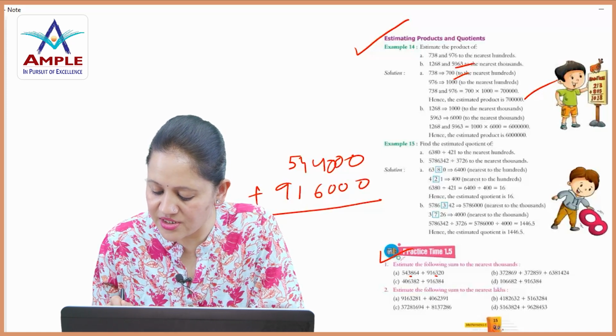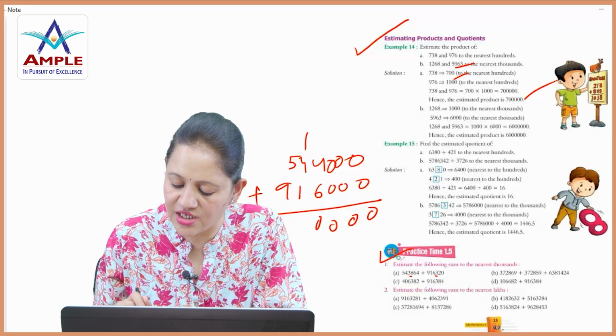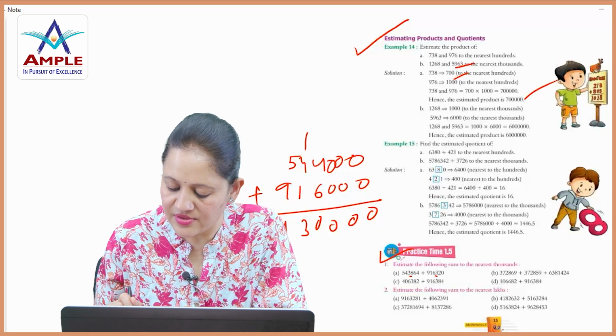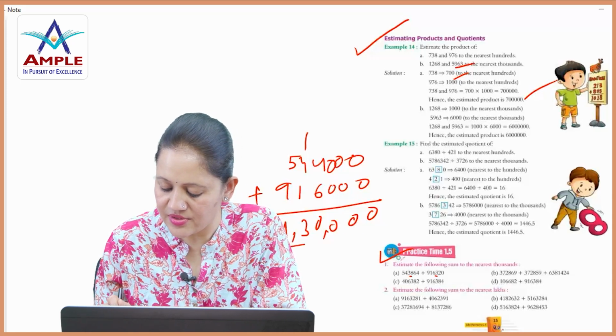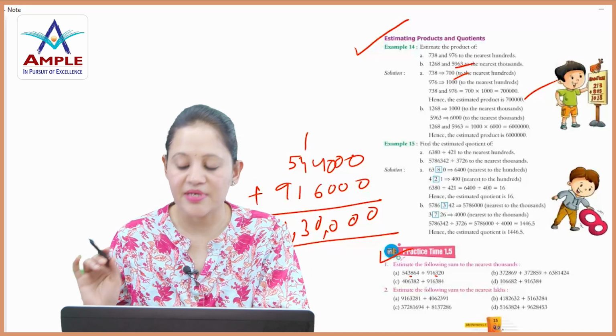Now, we will add them together, 000, 6 plus 4, 10, 0, 1 carry over, 3, 14,30,000. That is our estimated sum.